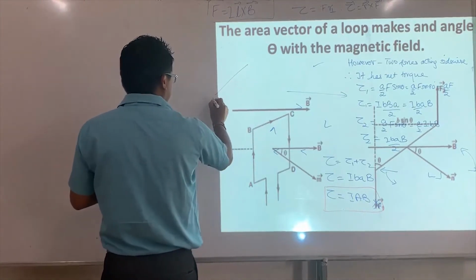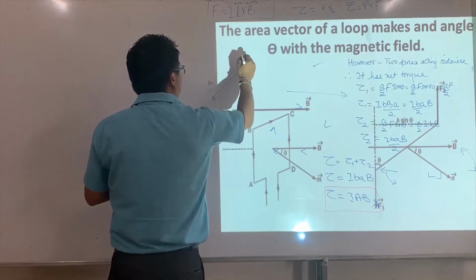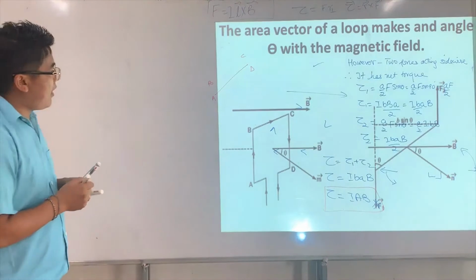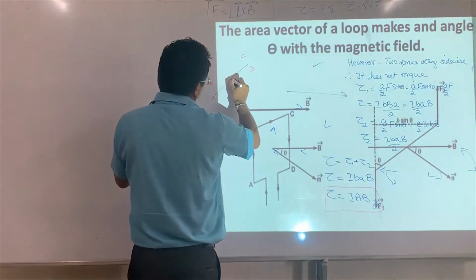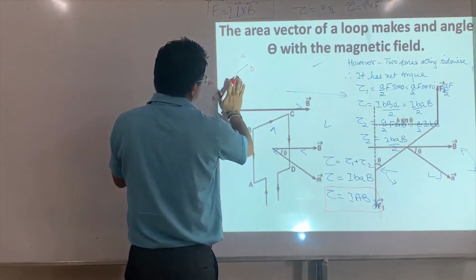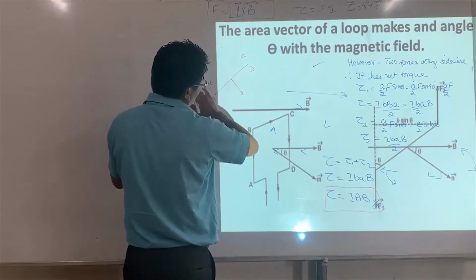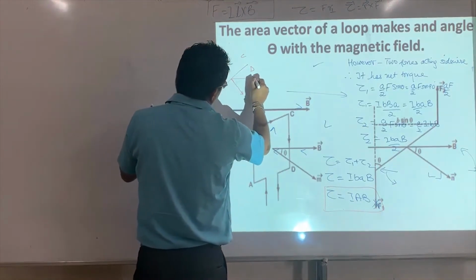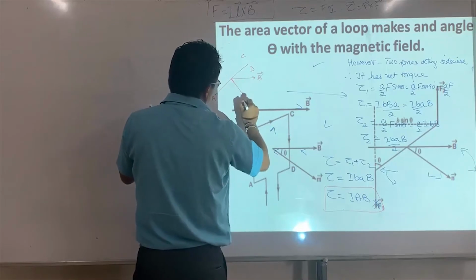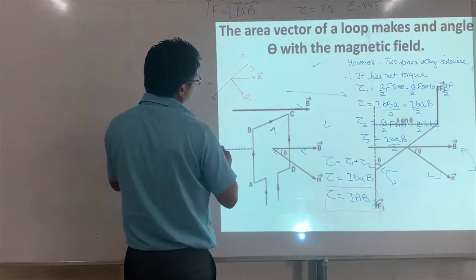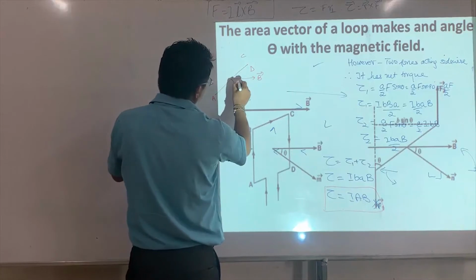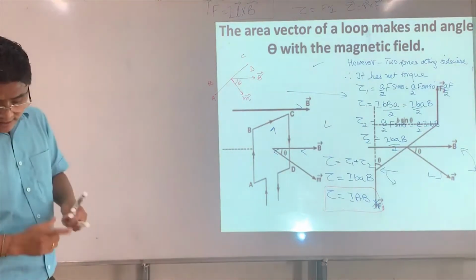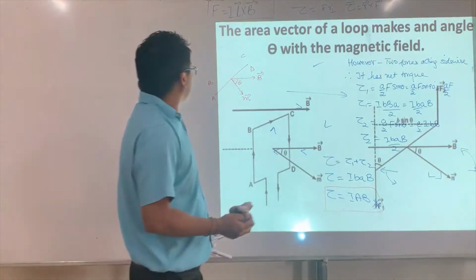This is A, B, C, D. And this is the normal to the rectangular plane surface, and this is the direction of the magnetic field, and later we'll call this the magnetic moment, right? And let's say this angle is what we call angle theta. This is what I have.